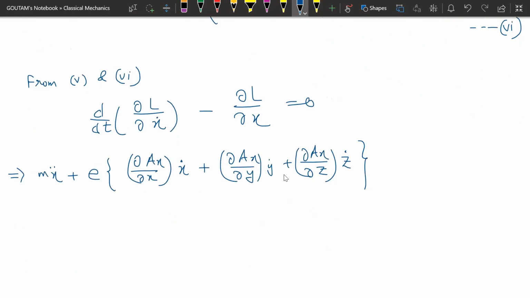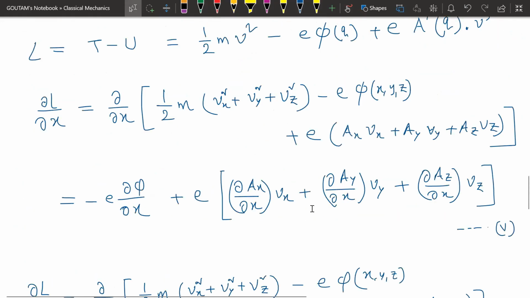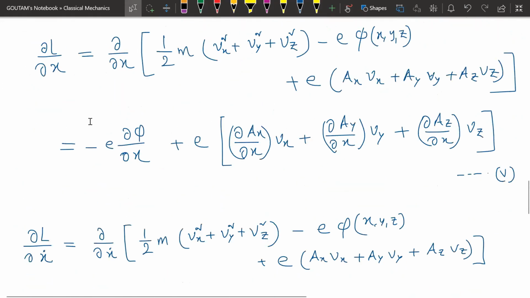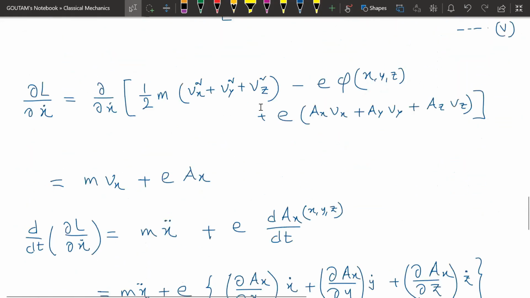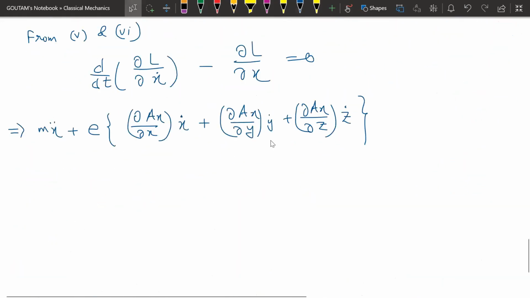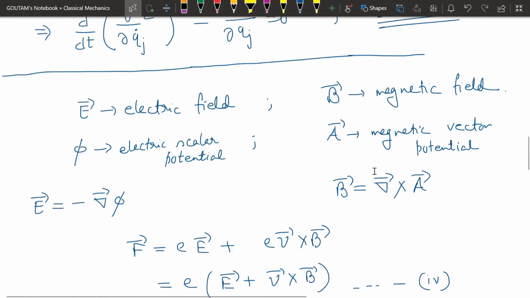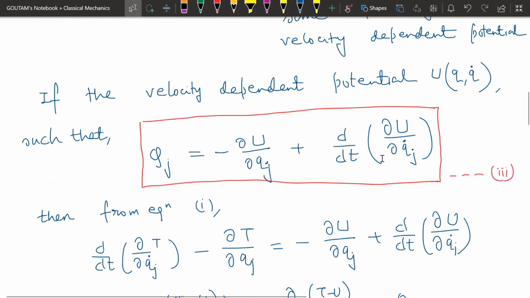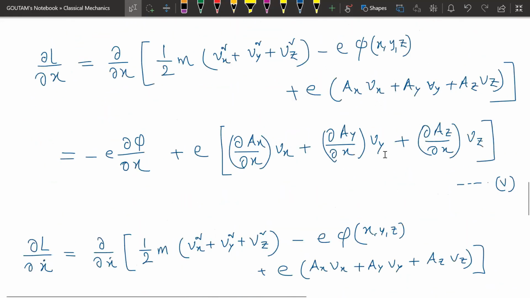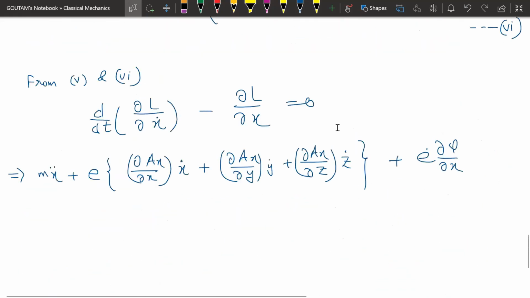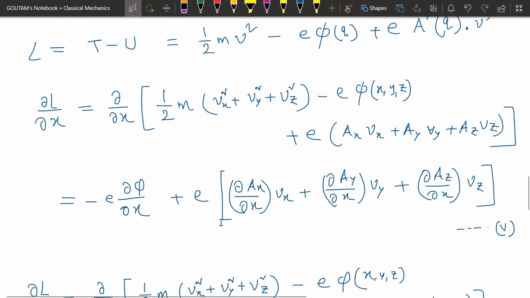And the minus del L del x term will come from equation 5. It is minus E del phi del x, so minus minus gives plus E del phi del x, and there will be a minus sign because of the sign here.